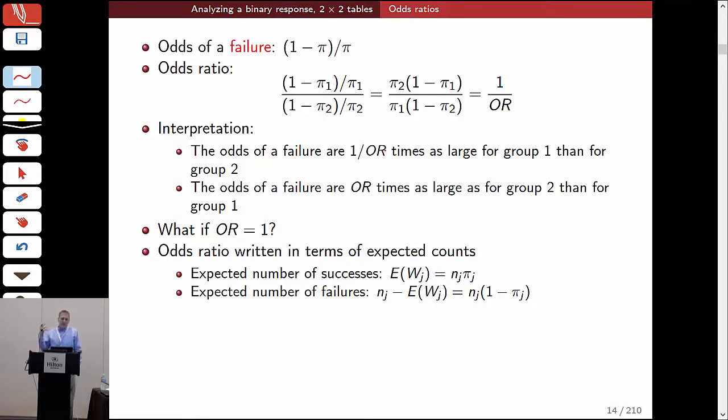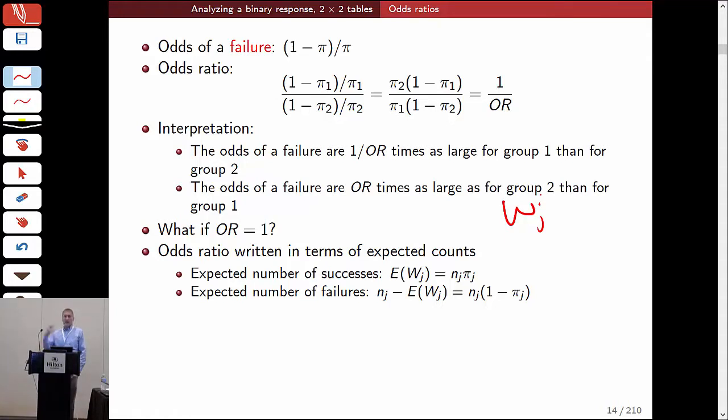So before we get into how we can do the estimation, and then we'll follow up with an example, I just want to mention too that odds ratios can be written in terms of expected counts as well. This is sometimes a way that odds ratios are presented. So again, this W sub j is the count for group j, the number of successes for group j.